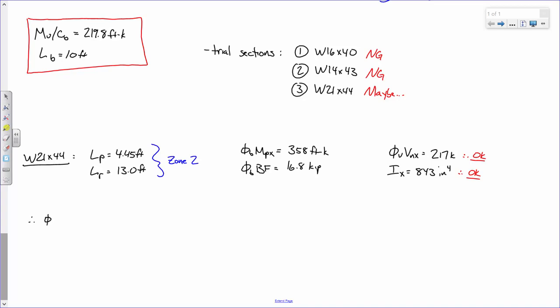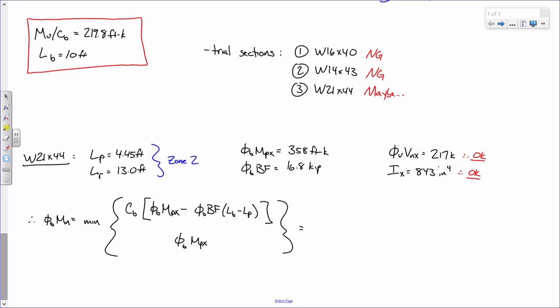Zone 2, BMN is the minimum. C sub B. The calculator says 428.